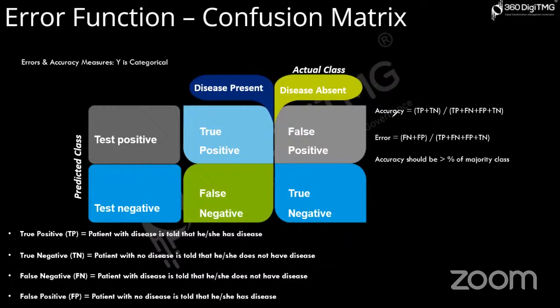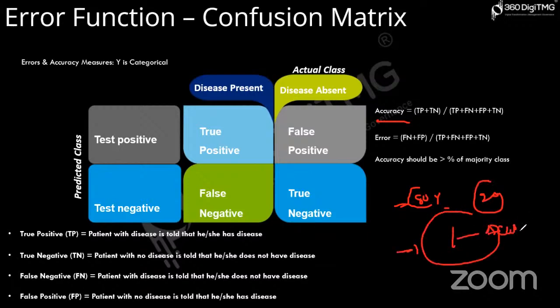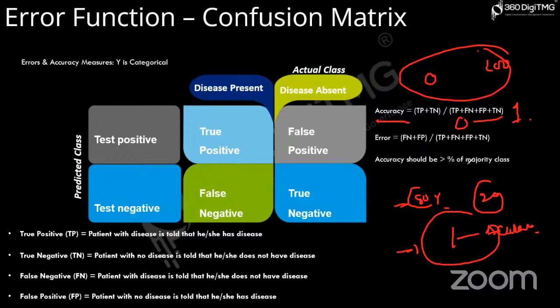If you want to find out the error: if accuracy is 80%, what could be the error? It is 20%. You can simply say 1 minus accuracy. Normally we will represent accuracy between 0 to 100 or 0 to 1. If 80% is the accuracy, you can directly say the error is 20%, that is 1 minus accuracy or 100 minus accuracy.